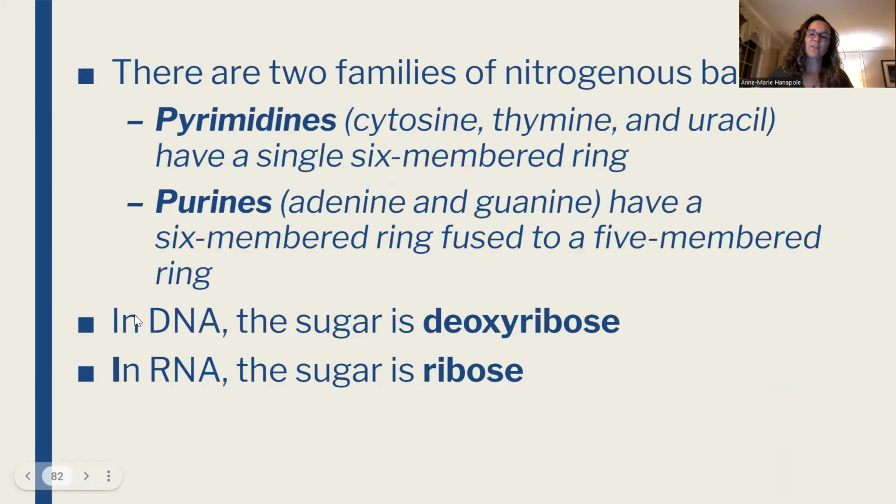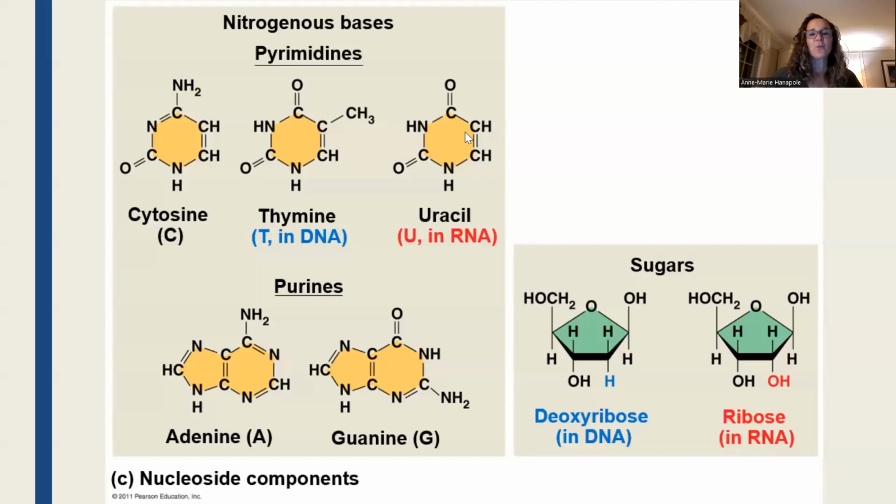And then if we look closely at those nitrogenous bases, we have 2 families of nitrogenous bases. We have pyrimidines and we have purines as nitrogenous bases. And then we've got different sugars in our DNA versus in our RNA. So first, if we look at the pyrimidines versus purines, pyrimidines are going to be these single-ringed structures, and that's our cytosine and our thymine in our DNA.